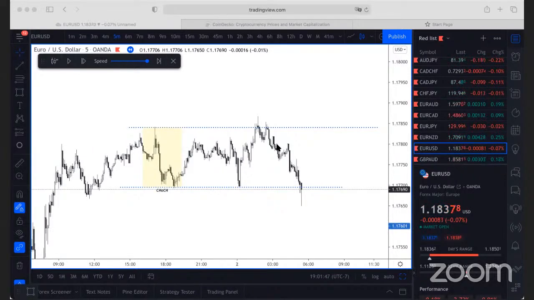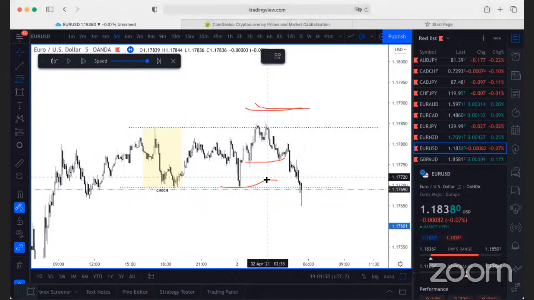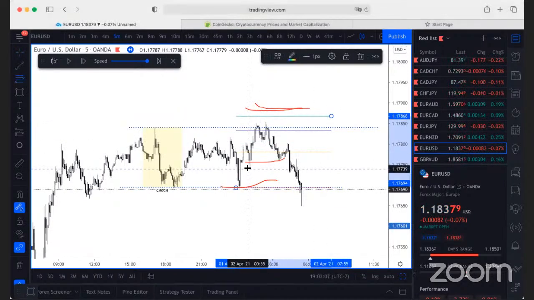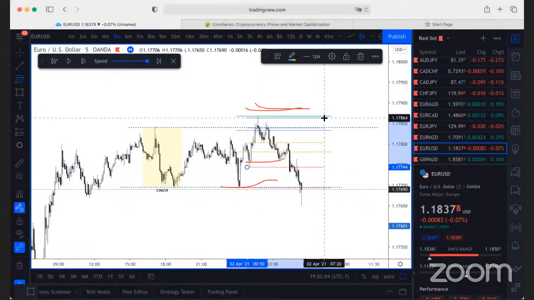You can look at it from two ways, to be honest. You can do right here to up here, or if you want to, you can do right here to right here. Perfect. Now let's look at both of those, the larger and the smaller.